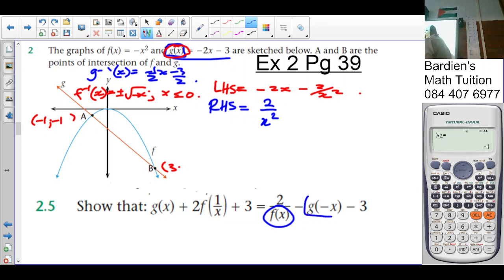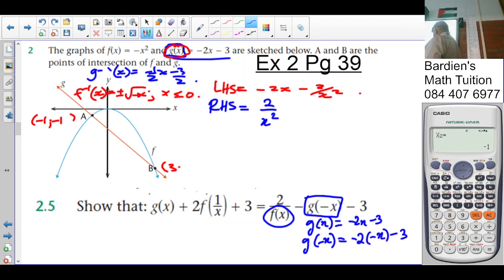What is g of minus x? So what is g of x? g of x is equal to minus 2x minus 3. So g of minus x would be what? Negative 2 into minus x minus 3. Not so? Which is in turn 2x minus 3. That is g of minus x.